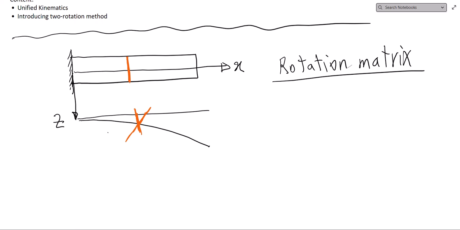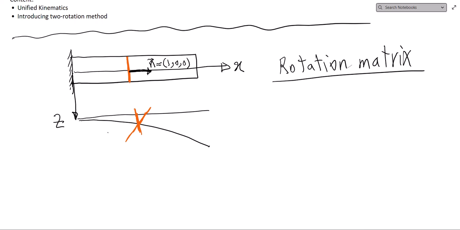I will consider only the cross section here, as highlighted in orange, and say, okay, this cross section initially has a unit normal, let's say n, and this unit normal vector has the components 1, 0, and 0.